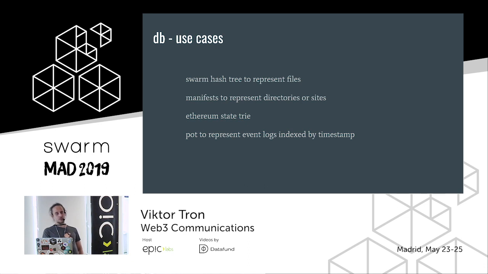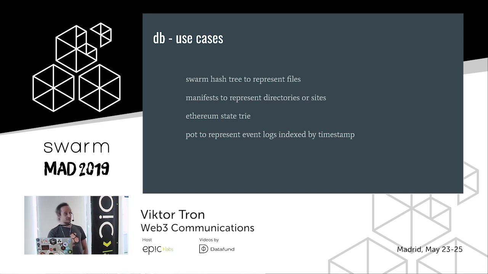So the swarm hash tree to represent files is already an existing example. How we represent files in Swarm is basically by building a Merkleized tree with intermediate nodes just packing the hashes of their children. So it's basically a super simple representation of a tree using this distributed Merkleized structure.